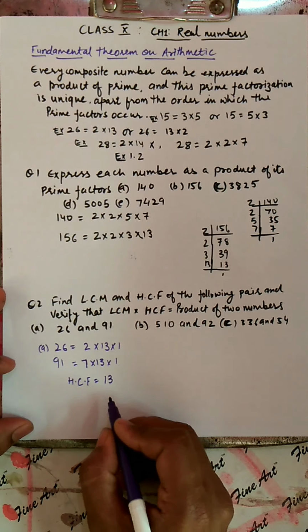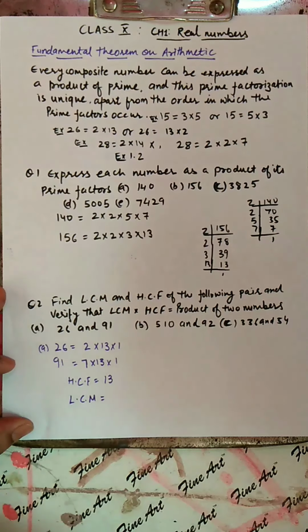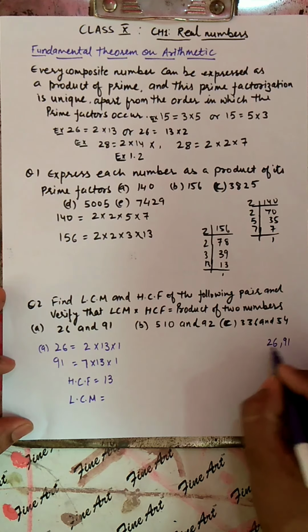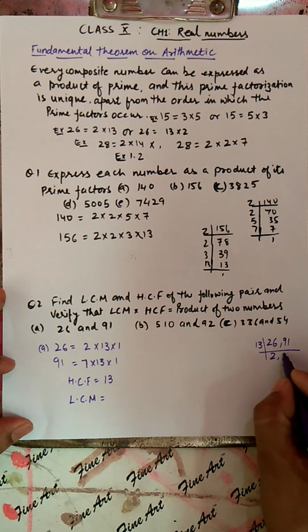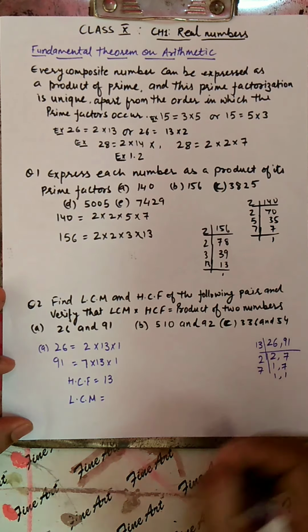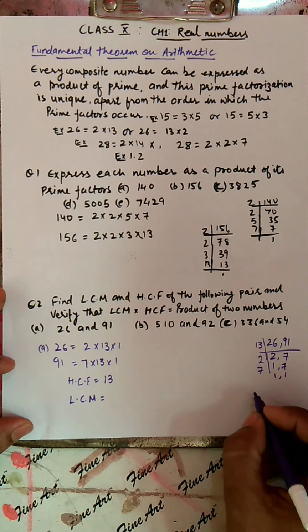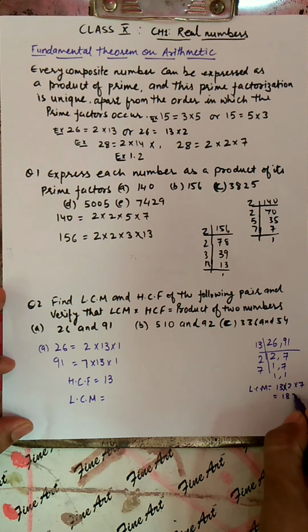13 is the HCF. For LCM, you have many ways of finding it. Another way is to divide 26 and 91 together: divide by 13 where possible, then by 2, then by 7, until you get 1. So the LCM will be 13 into 2 into 7, which is 91 into 2, 182.